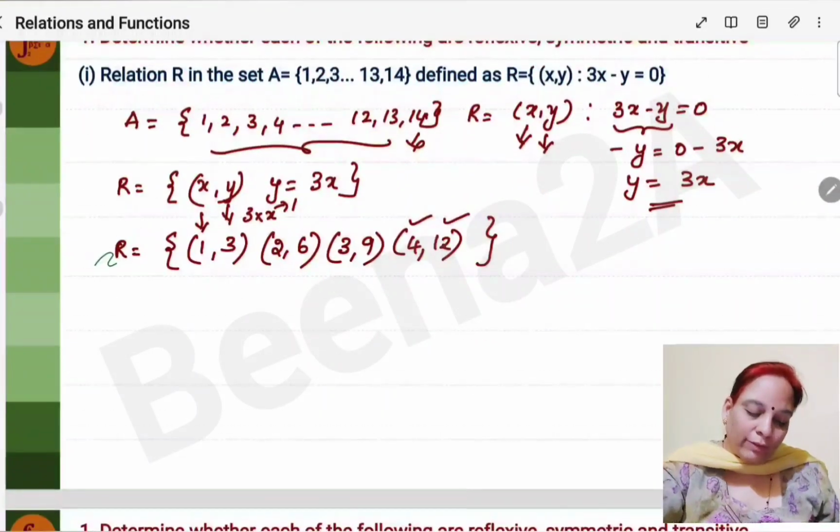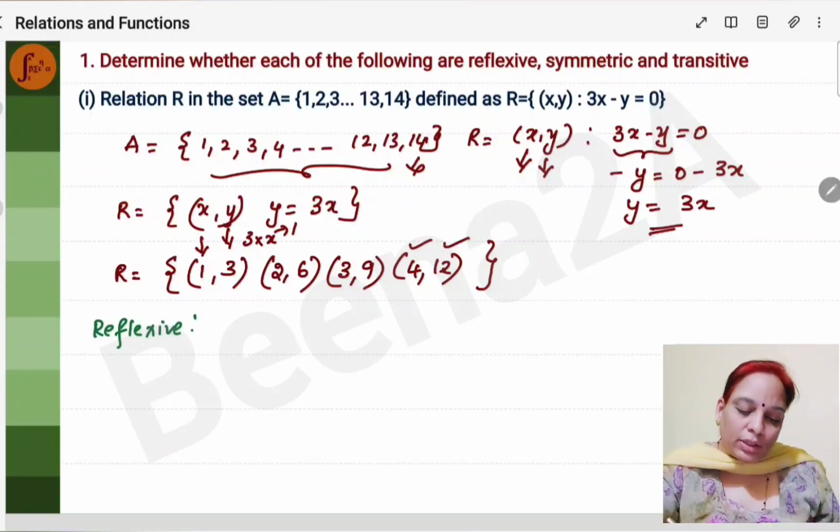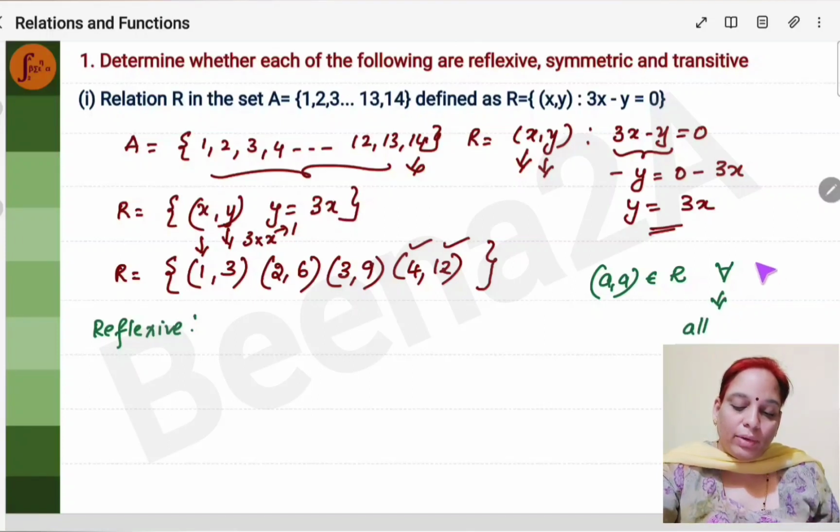Now we have the relation. Let's find out if it's reflexive. If it has to be reflexive, what is the condition? (a, a) should belong to relation R for every element a that belongs to set A. So set A is given here.